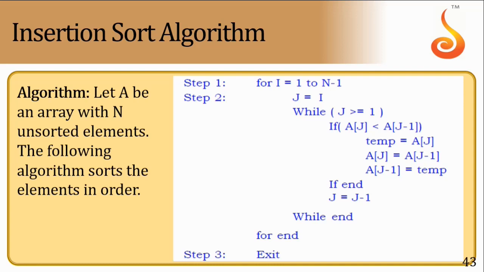For example, for i is equal to 1, what will I write? j is equal to i, that is j is equal to 1. j greater than or equal to 1, that is j is equal to 1, it comes here. a of j, that is a of 1, less than a of j minus 1, that is a of 0.